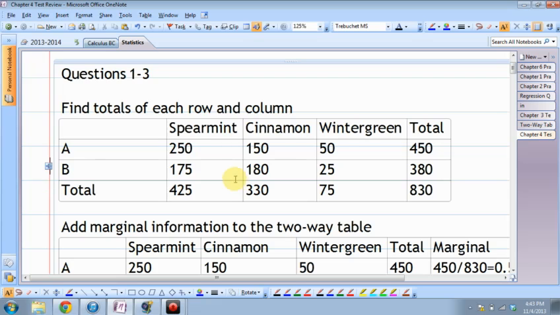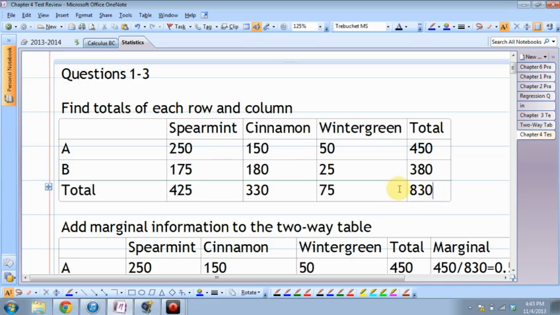First way to go about this is to just add these together, find the row totals, add the 2 row totals together to get 830. Another way is to add the columns to get the column totals, and then add the 3 column totals together to get 830.